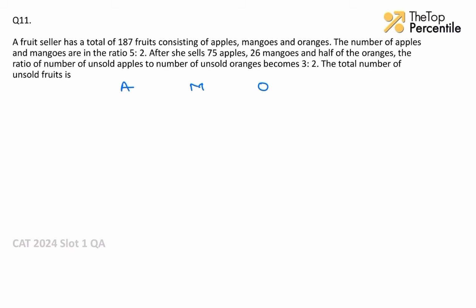Apples and mangoes are in the ratio 5:2, so let this be 5x and 2x. Now we know that the sum of all fruits is 187. So the number of oranges will be 187 minus (5x plus 2x), that is 187 minus 7x, right?